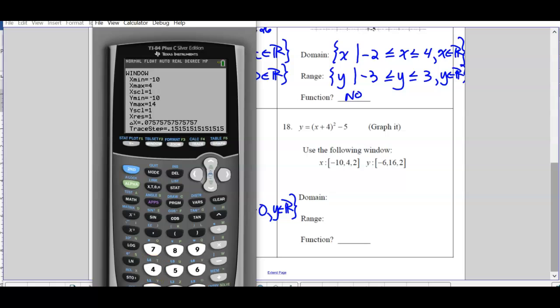Then 4, enter, 2, enter, then -6, enter for y, 16, 2. That's just giving it its scale and minimum, maximum x and y values. So now if we press graph, it's going to graph that for us.